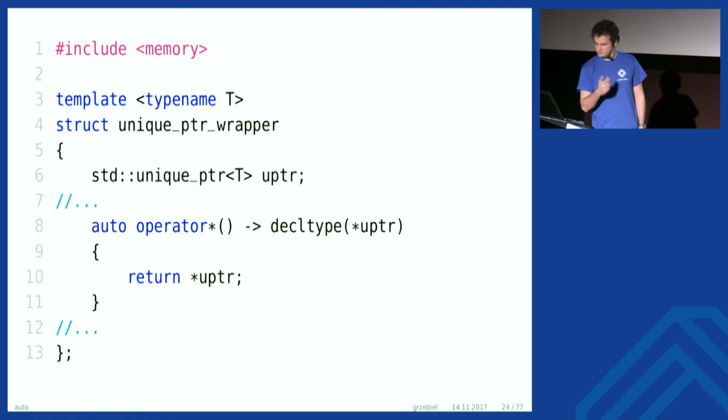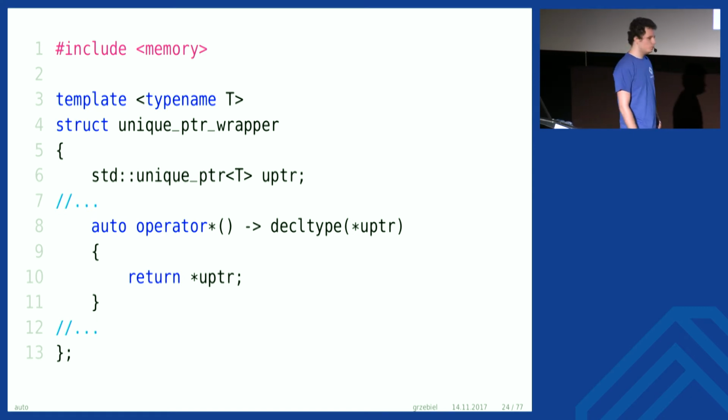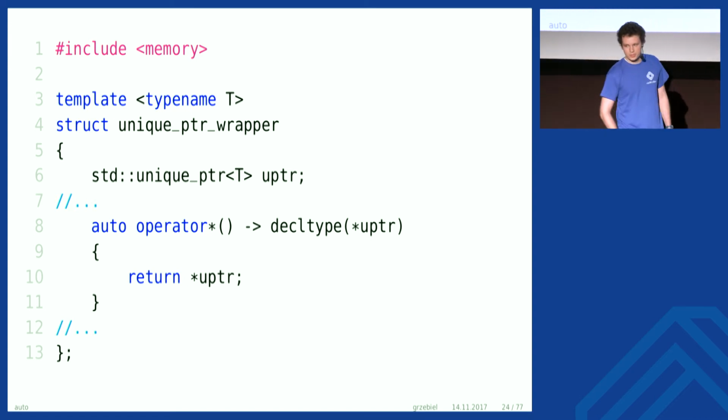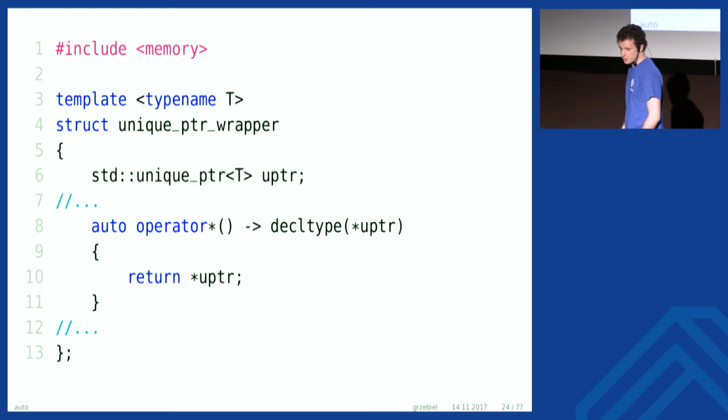Let's use it. Okay, so let's say we want to write a class that will be a wrapper for a unique pointer. We want to add some extra behavior, like for example checking for nullity at construction or reporting at destruction, whatever. Just a wrapper for the unique pointer.